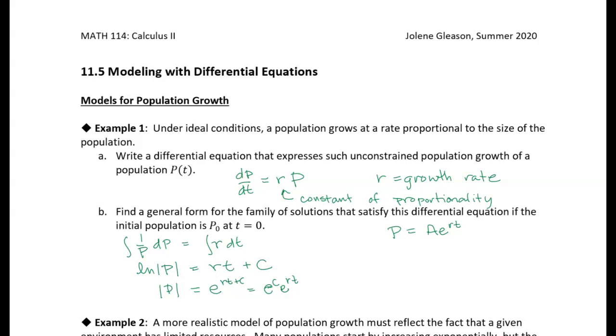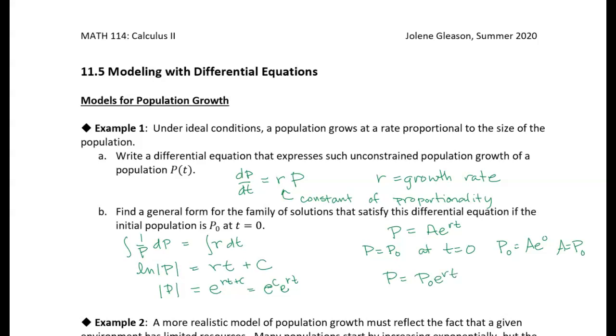Okay, and so now if we assume that the population P is P0 at t equals 0, then we can substitute that in. We get P0 equals A e^0, right? e^0 is 1, so that's basically telling us that A is equal to P0, right? So our final equation in terms of P0, which is the initial population, is P is equal to P0 e^(rt).